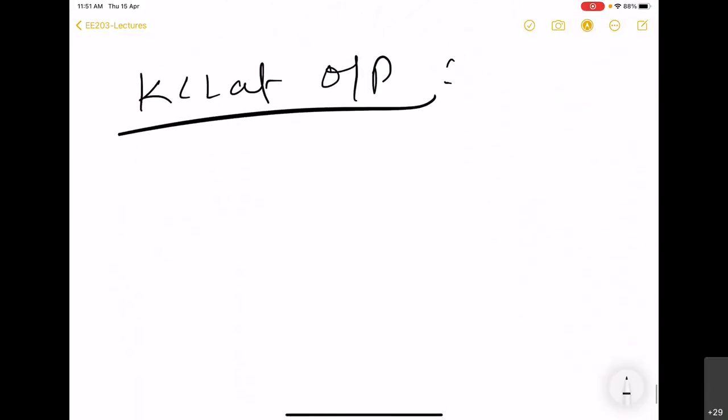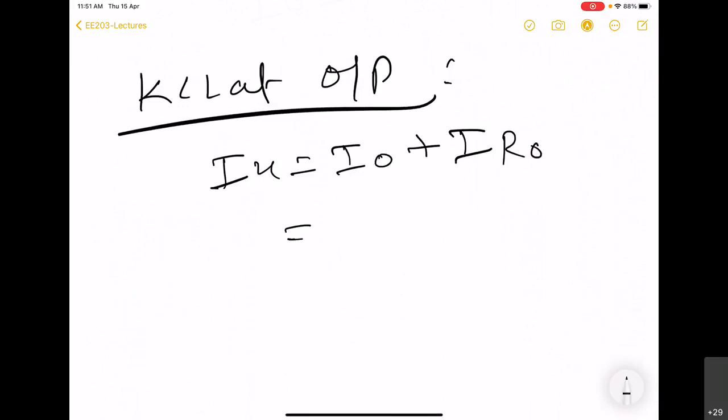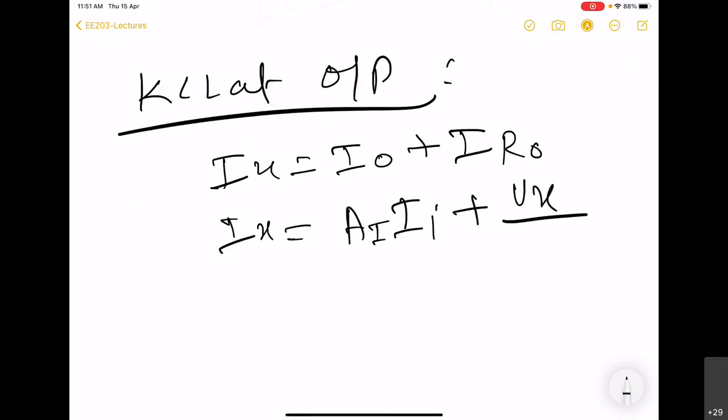So KCL here gives Ix is equal to IO plus current through resistor. IO we know is AI into II, and this is going to be Vx by RO.